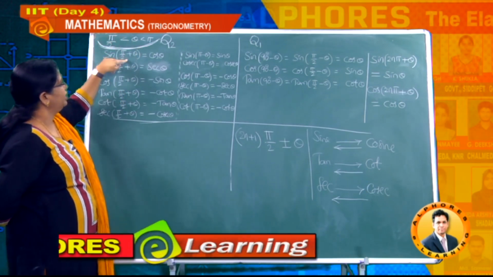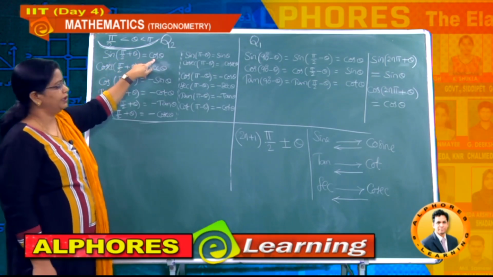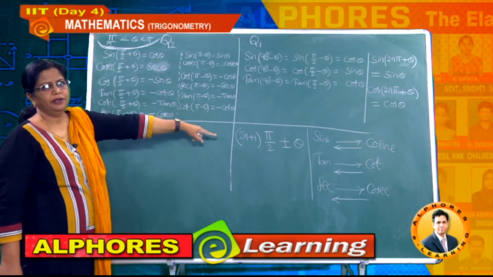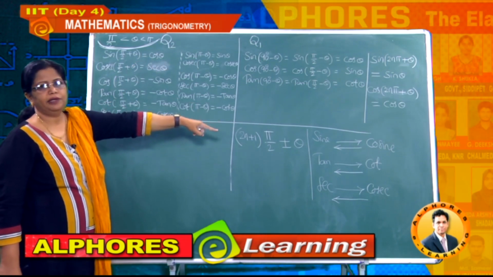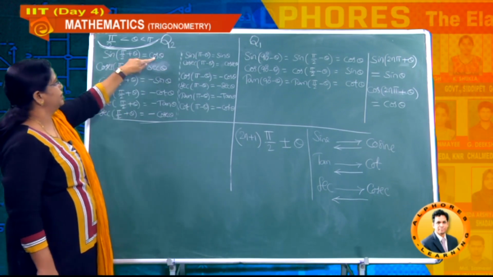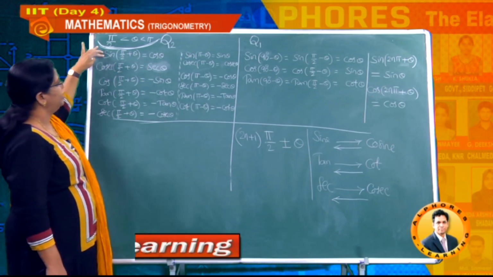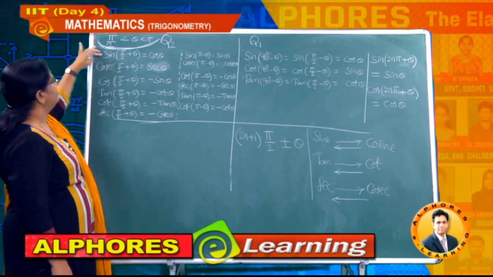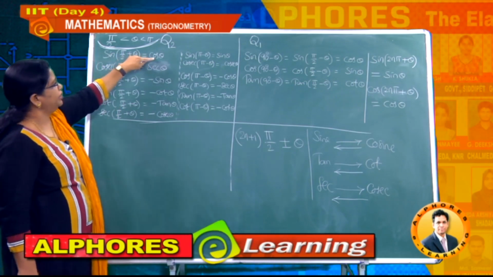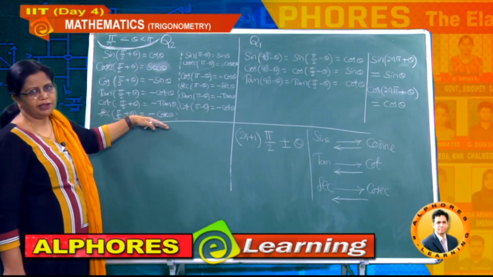So if I write sin of 90 plus theta, what is the value? Cos. I said already it is an odd multiple of 90, therefore the function must change, so the function changed. And next, only sin and cosec values are positive in this quadrant, so only these two values are positive, the rest are all negative.